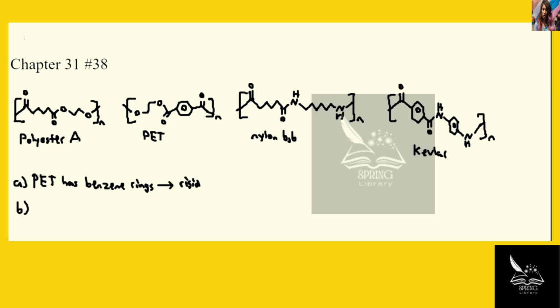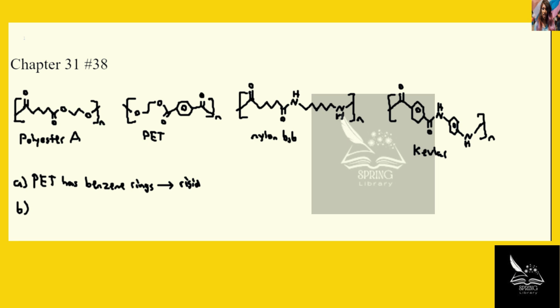For part B of this problem, we're asked to make the same comparison, but between polyester A and nylon 6,6. This time, polyester A again has the lower Tg and Tm. And of course, now neither of these has aromatic rings, so we can't say that it's due to the rigidity of the aromatic rings.